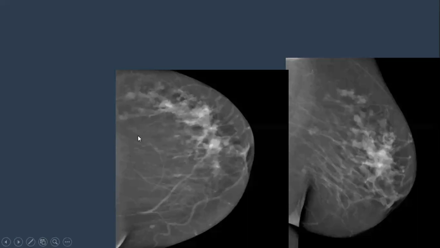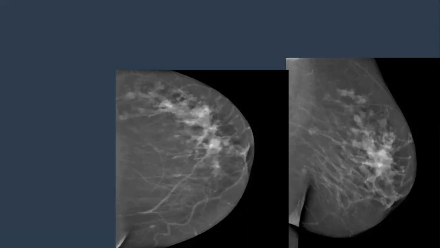So what is next? Ultrasound. Yes. Ultrasound findings were inconclusive. Then if we have MRI, we can do MRI. Yes, MRI is done just to see the disease extent.